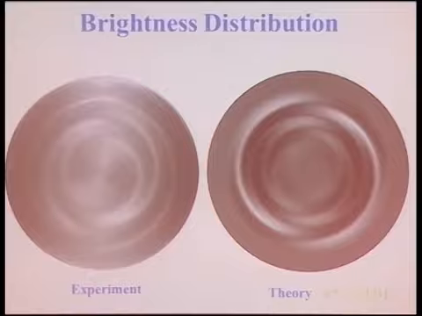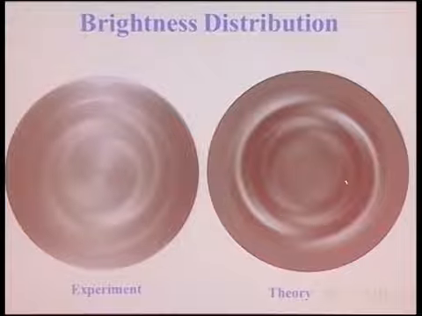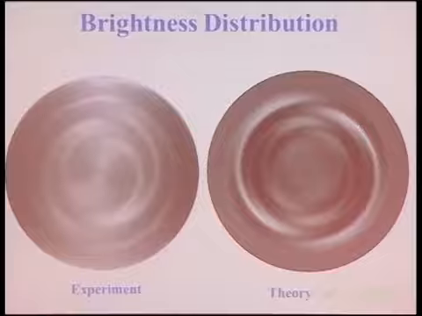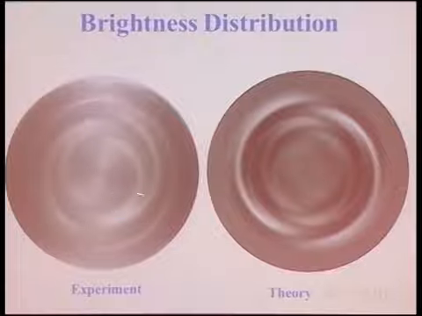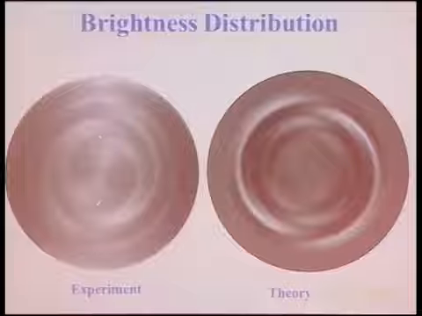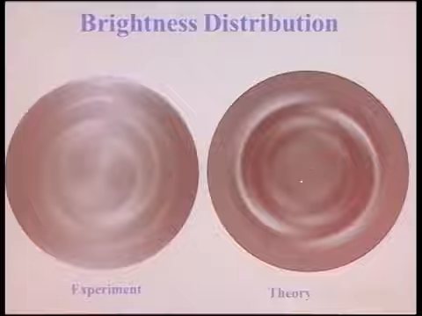But in this theory, the result is close for these three circles, but there is a difference in the fan-shaped region here, which is not in the theory.